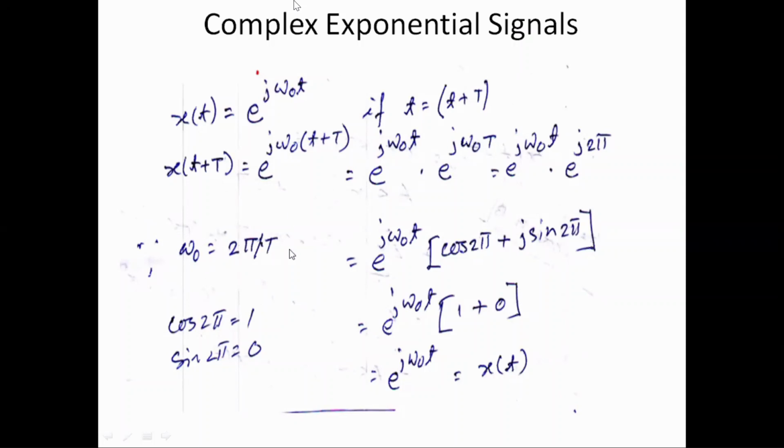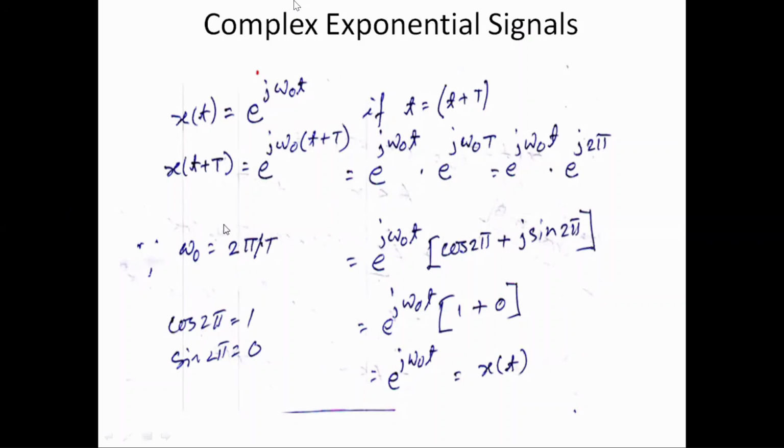Omega 0 is twice pi by T. Here your period is capital T, and twice pi by T is your frequency.